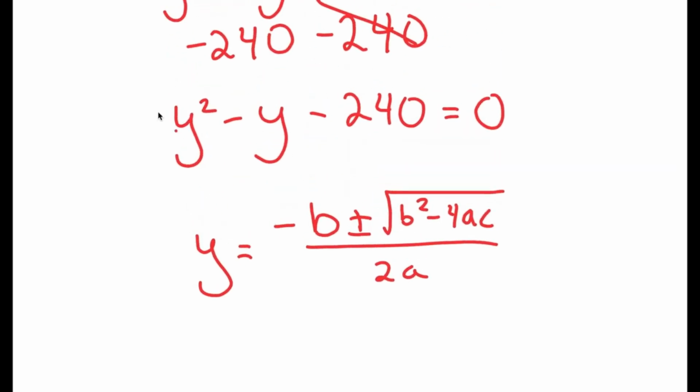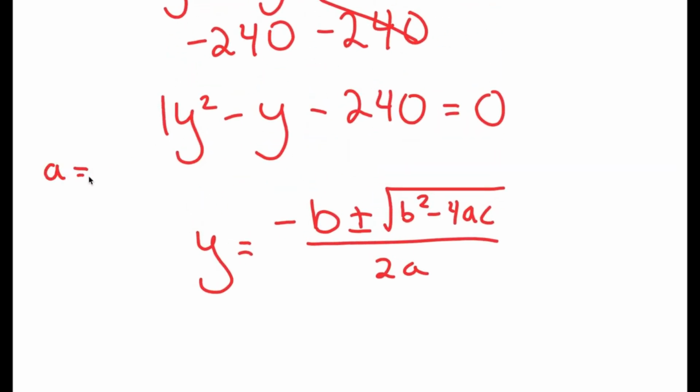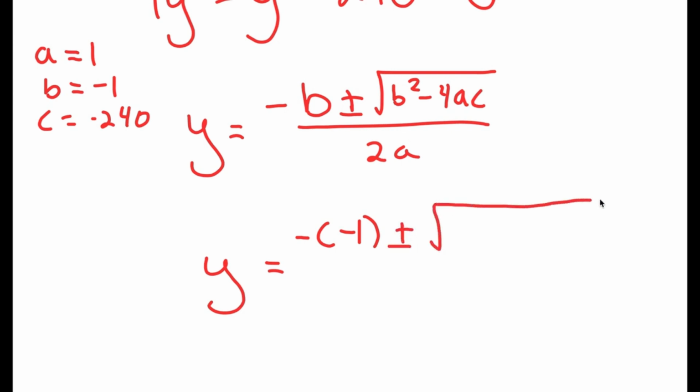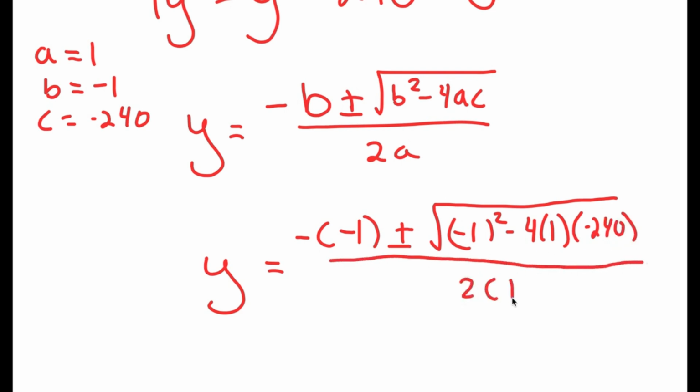So in this case, looking over here, a is 1, b is negative 1, and c is negative 240. So I get y is equal to negative of negative 1 plus or minus the square root of (negative 1) squared minus 4 times 1 times negative 240, all over 2a, so 2 times 1.